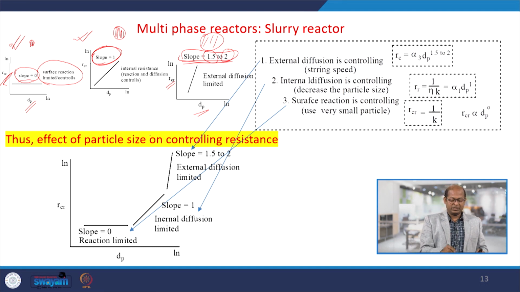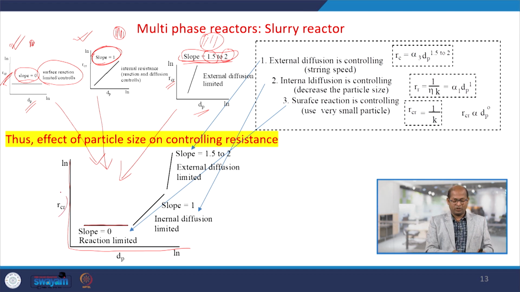So, if we plot all these 3 equations together, ln Rcr against dP, then if the slope equals 0, the lines will be horizontal based on the experimental results, and we can say the reaction is limiting, the reaction is controlling.